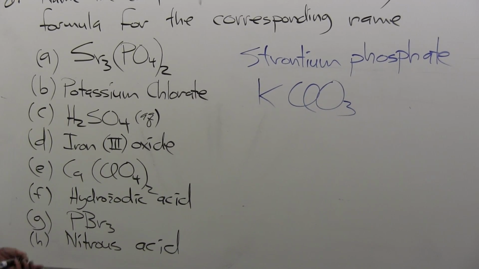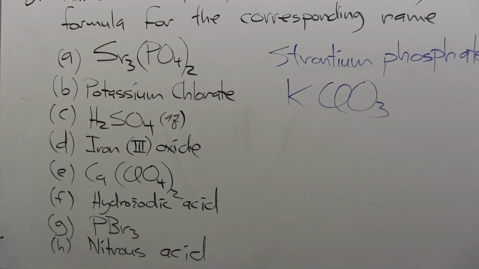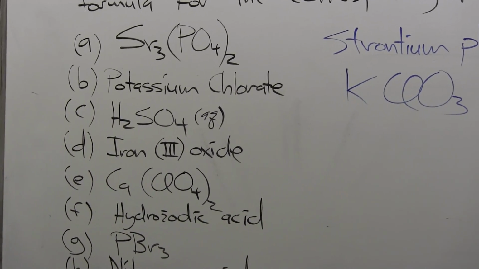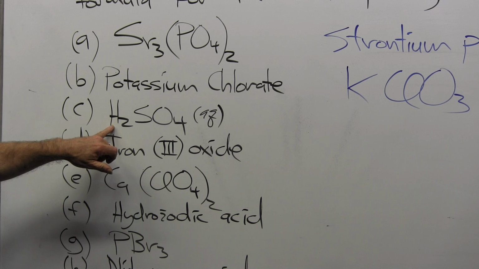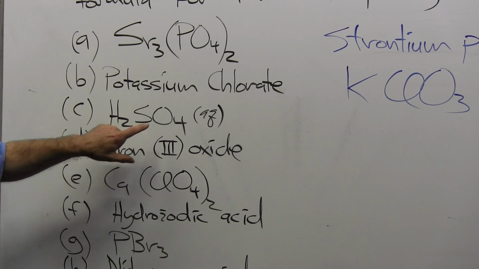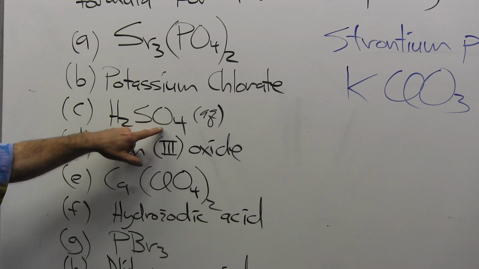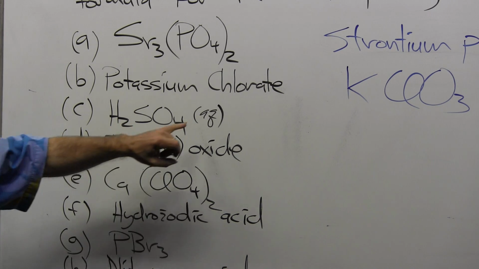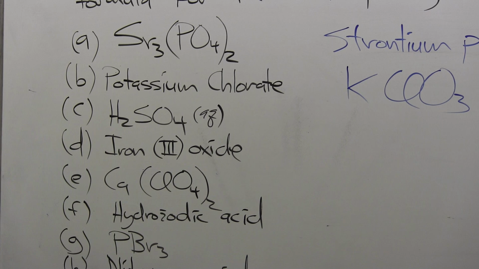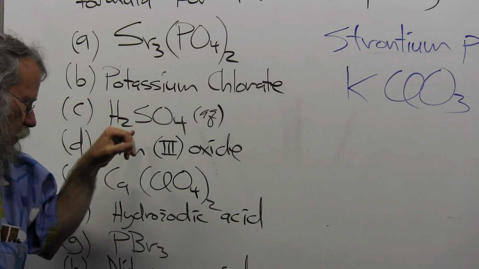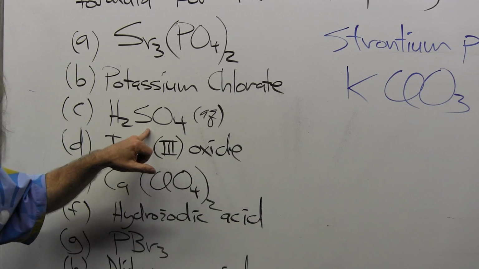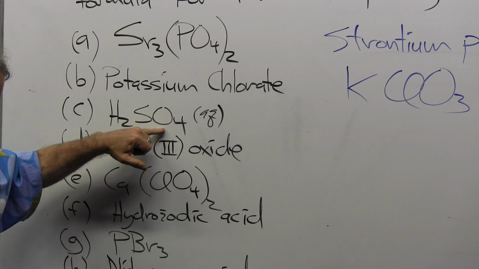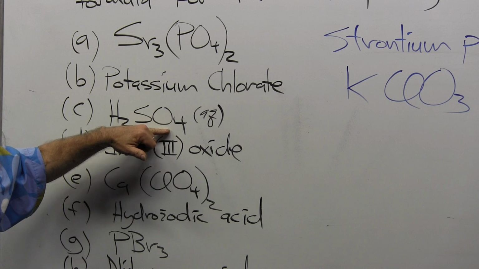Now, with this third compound, the cation is going to be hydrogen ions, and I've got an oxyanion here, but it's in water. So a hydrogen ion in water is an acid, so it's going to be some kind of an acid. Now we have to name it, because all acids are usually named after the anion.